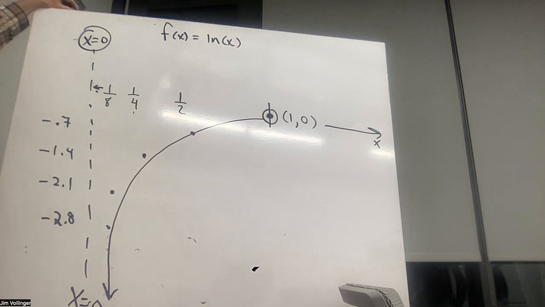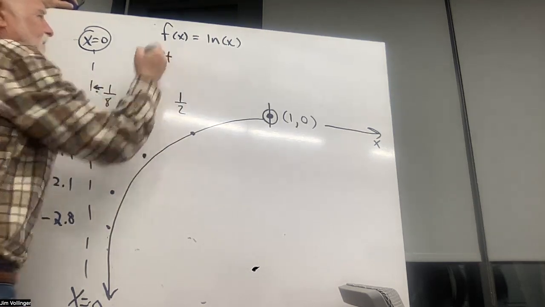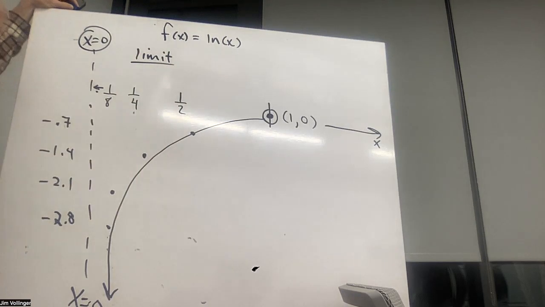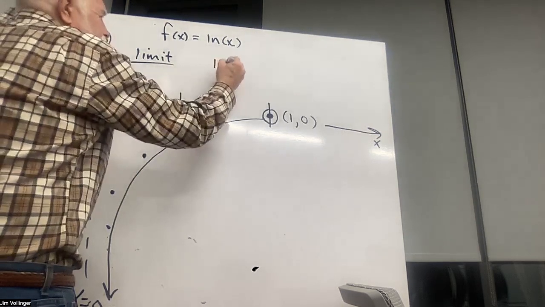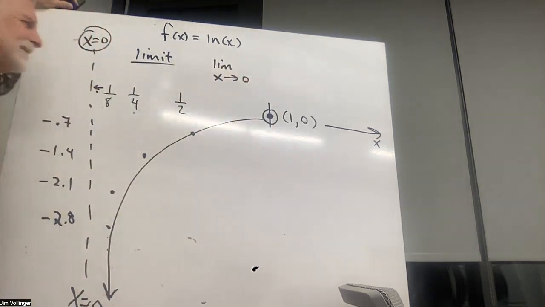So how would we communicate that? We've got to come up with a language system to communicate what's going on here, what I just did. I did talk about the y values here, and I think we can write the word limit and put that into your vocabulary. There seems to be a limit as my x values go to 0.